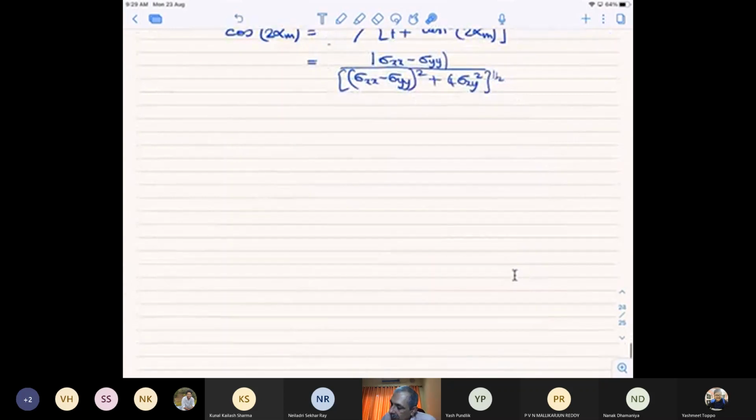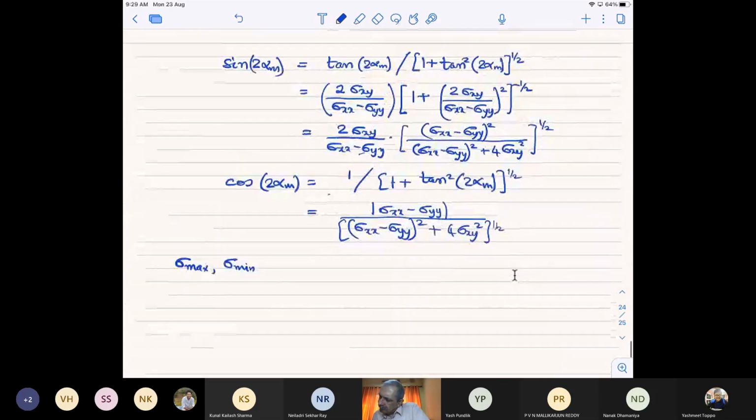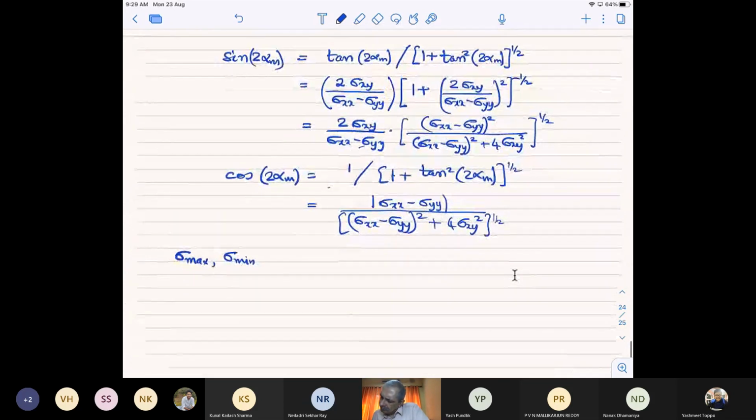And so what we'll get is, again, I'm going to skip a little bit of the algebra. I'll get sigma max, sigma min. So here, this term is the square root of sigma xx minus sigma yy whole squared.